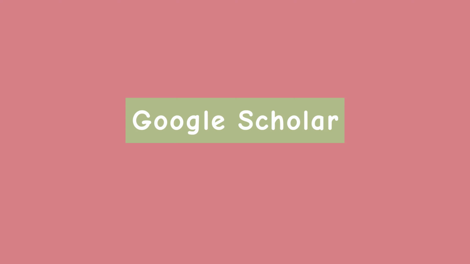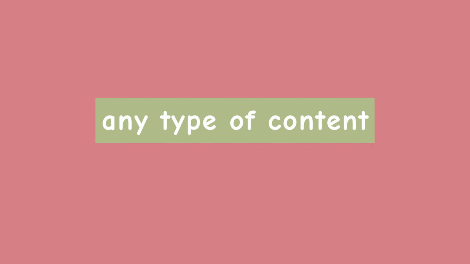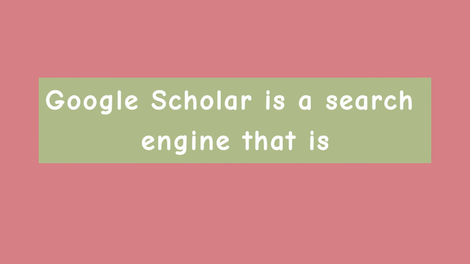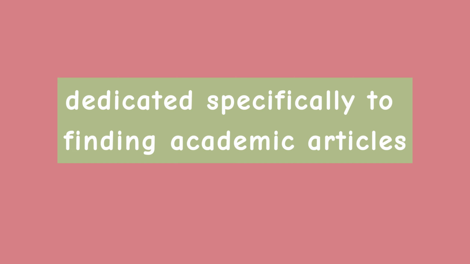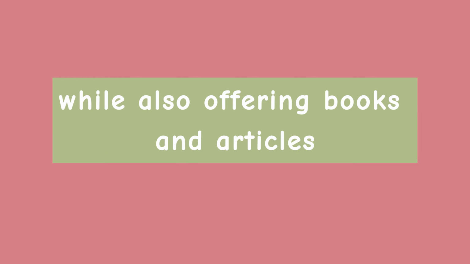Google Scholar. This is the first stop for anyone looking to find credible sources on virtually any type of content. Google Scholar is a search engine that is dedicated specifically to finding academic articles published in major magazines and journals, while also offering books and articles.